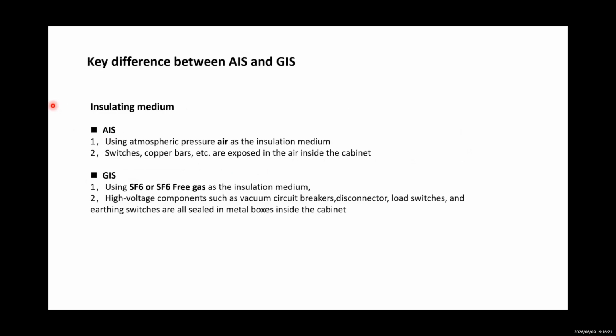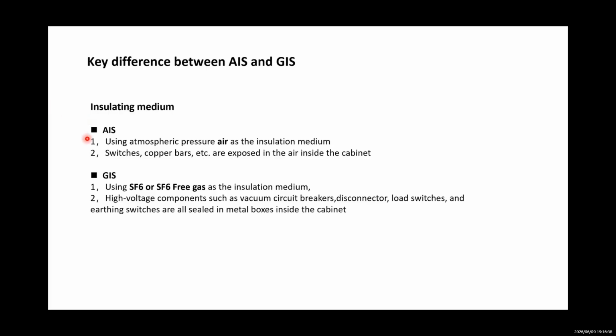First, let's see the difference between AIS and GIS. The key difference between AIS and GIS is the insulating medium.